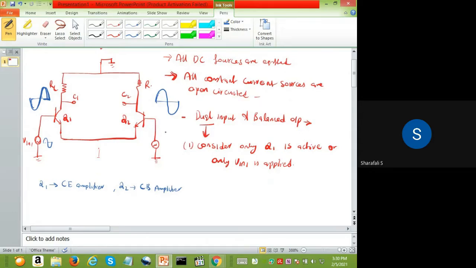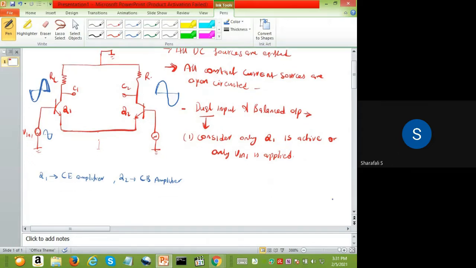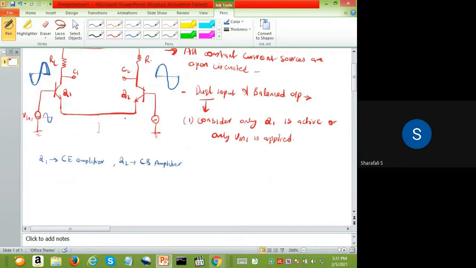There is no phase shift in a common base amplifier. So that's the first condition, and we have to measure the output voltage in such a way that it is the output at C2 with respect to C1. This is the balanced output.